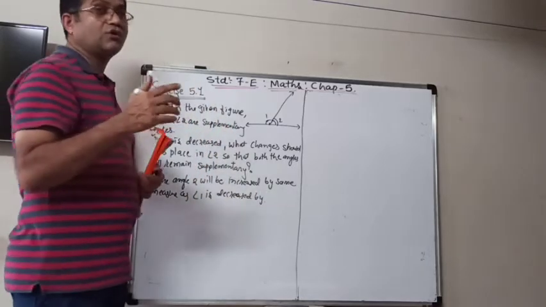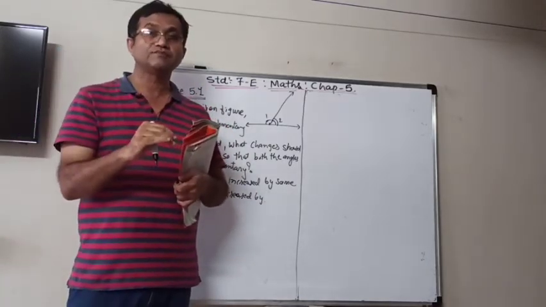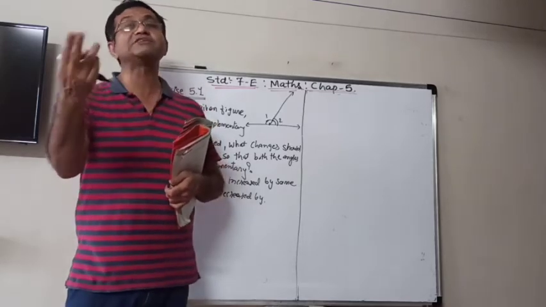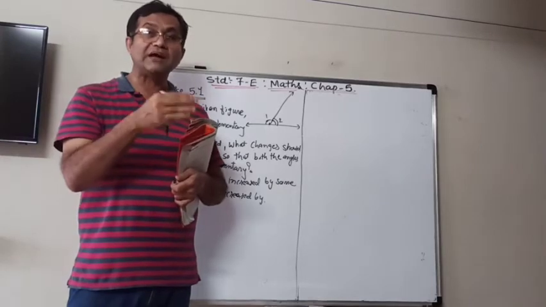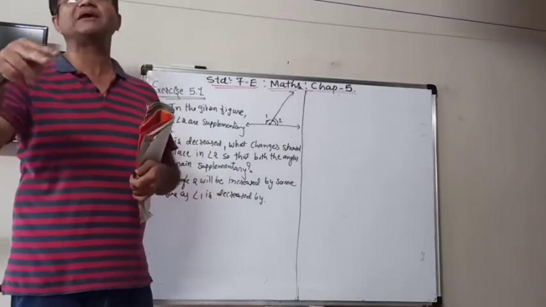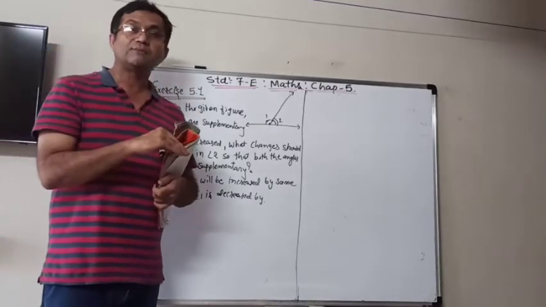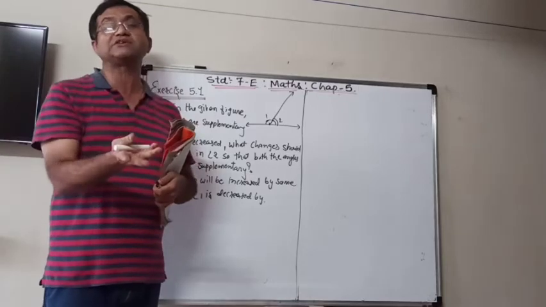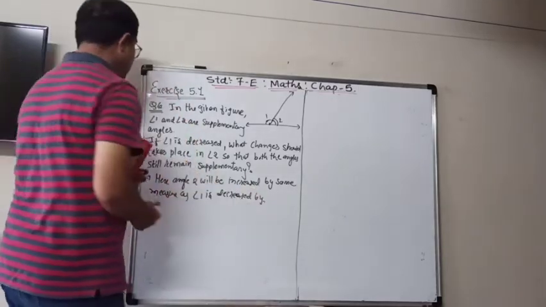It means that if you decrease the angle 1 by 10 degree, then angle 2 will be increased by 10 degree. If you decrease the angle 1 by 20 degree, then angle 2 will be increased by the same, means the 20 degree. So whatever you decrease by angle 1, same should be increased by the angle number 2, and that is your answer.